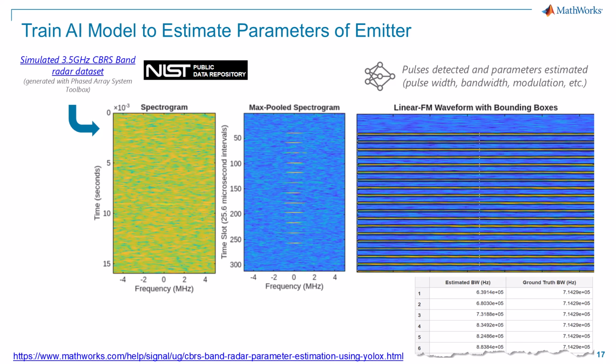This is a published example with data from the NIST Public Data Repository, generated using Phased Array System Toolbox. And the reason this matters operationally is if your ES system can estimate waveform parameters without a matched filter, you can characterize emitters you've never seen before, which is increasingly the scenario in contested environments.